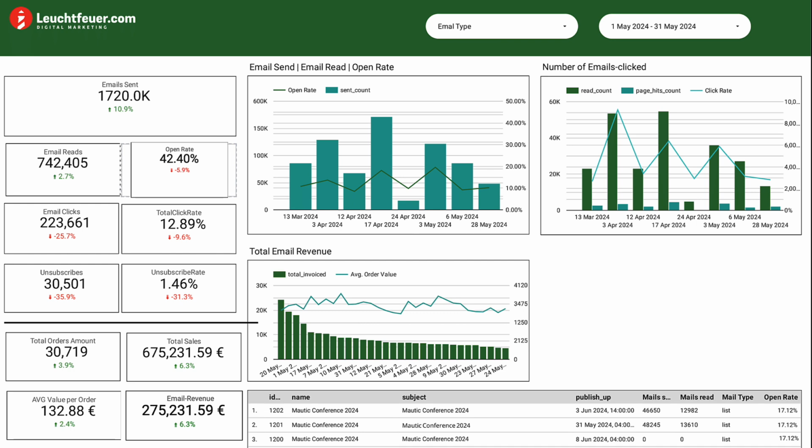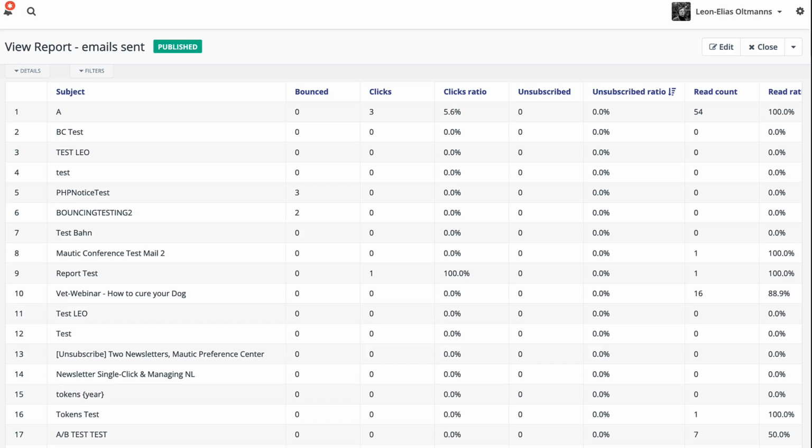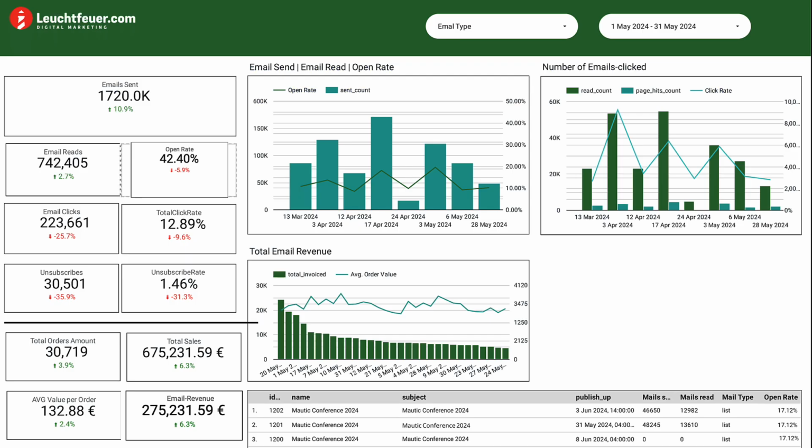This is without even taking a look at third-party data. This is just Mautic data, but displayed very nicely. If you have this in comparison to a dashboard like this, I think it's easy to understand why the customer even asked for this project, because it's just easier to understand the data.